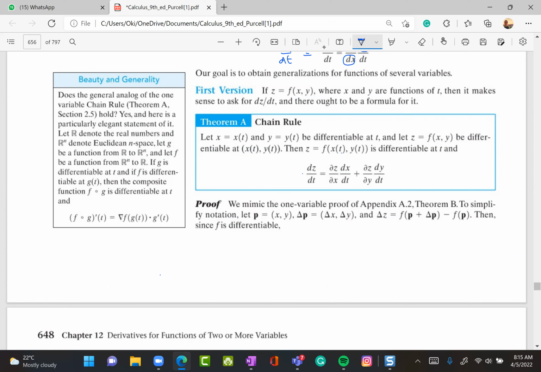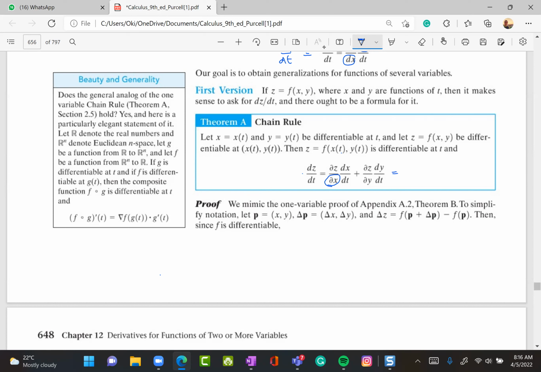So how do we take the derivative? Well, it's dz over something times dx over dt. But here you have dx, and x is just one of the variables for z. So when you take the derivative of z with respect to x, it should be a partial derivative. And you do the same thing for y, dy over dt, so you get this. I'll write this in detail later.